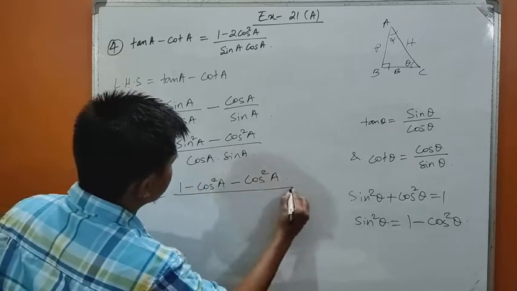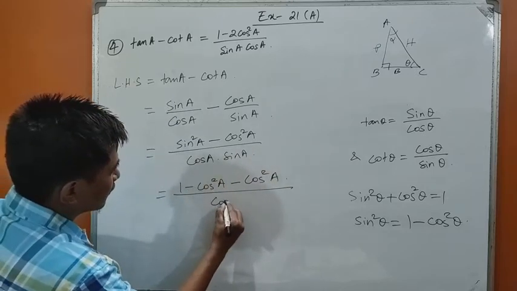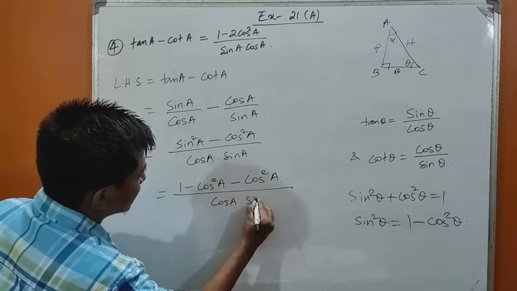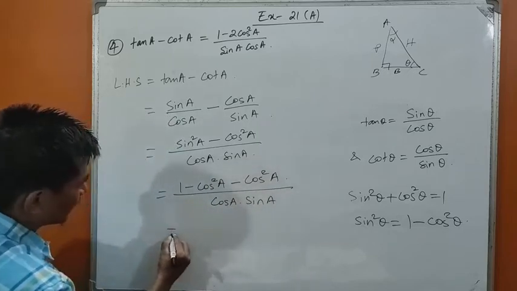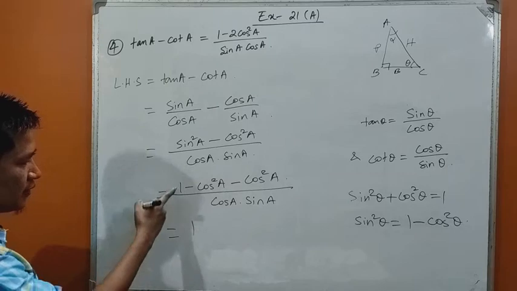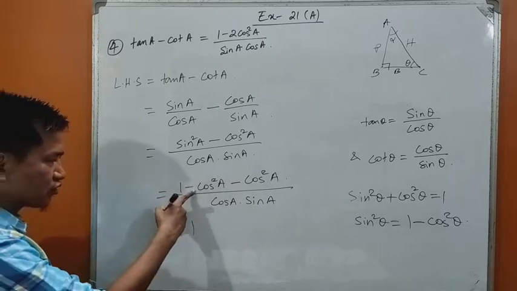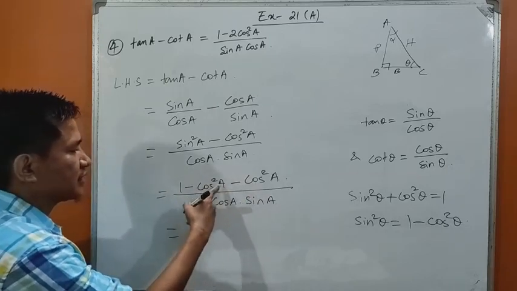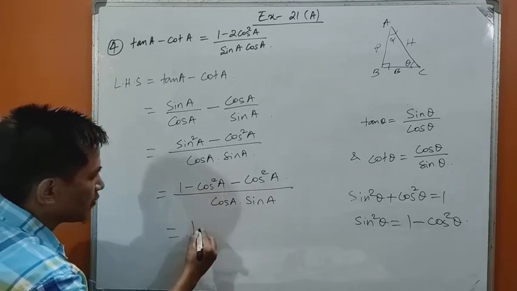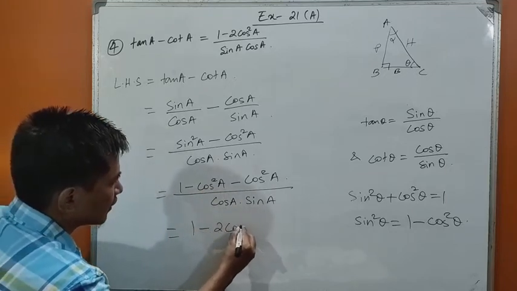So in the denominator we have cos A into sin A. Now 1 we write as it is. Now minus cos square A and minus cos square A, same thing, isn't it? Both are negative, so minus 2 cos square A.